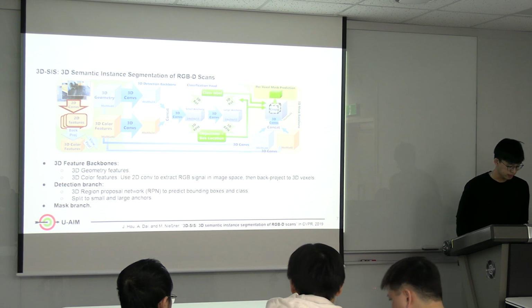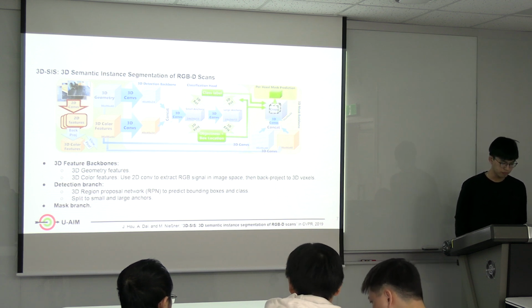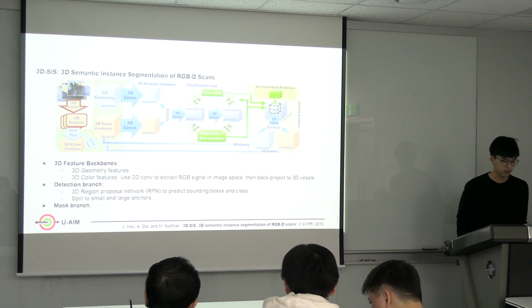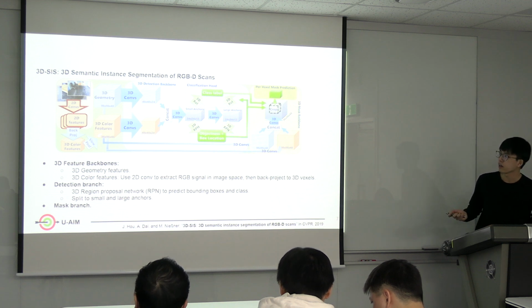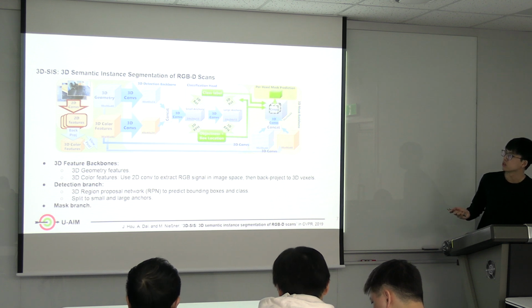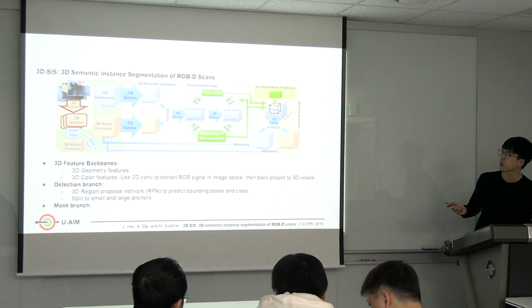And after they have the proposal box location and classification result, they use that and combine it with the feature that we got before, and put it into the 3D mask backbone to get the proposal mask prediction.